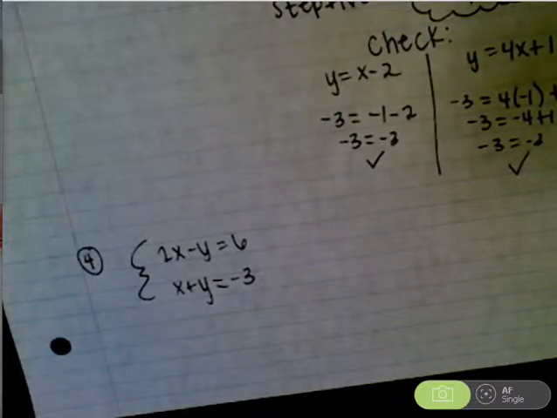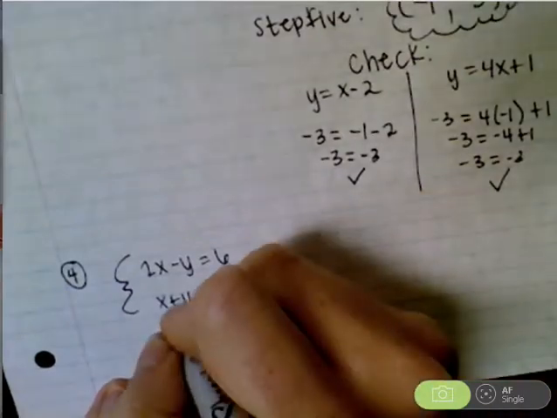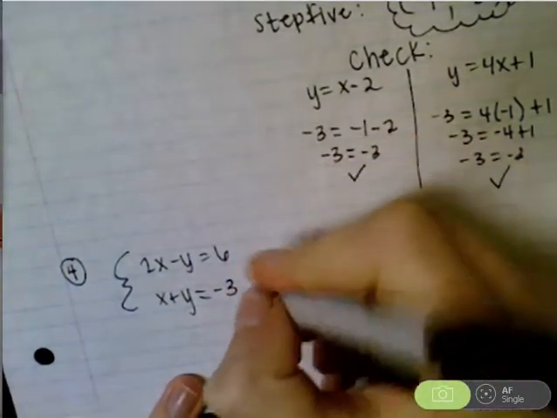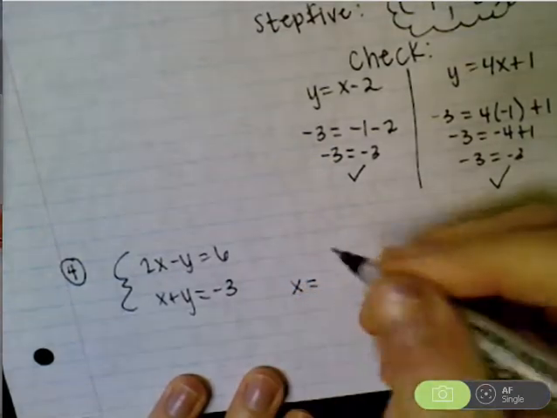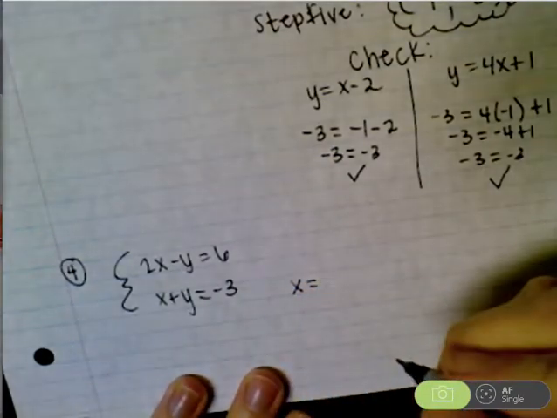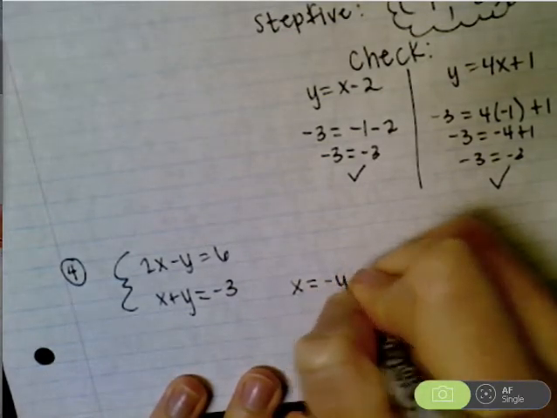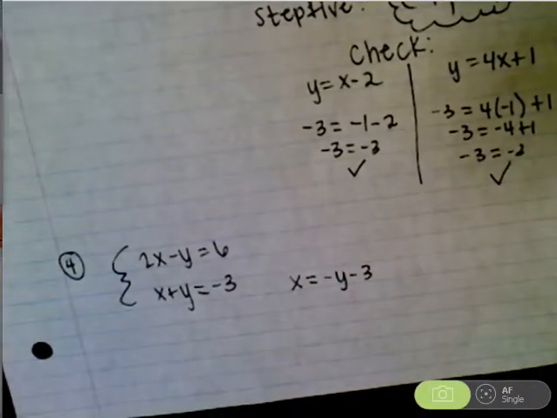What do you think? We'll do minus y and x will be all that stuff. Or we could do minus x. Yeah, you could do either one of those and it would be fine. It doesn't really matter which one. Let's stick with what you said first and do minus y. So x is what? X equals negative y minus 3, or -3 minus y.